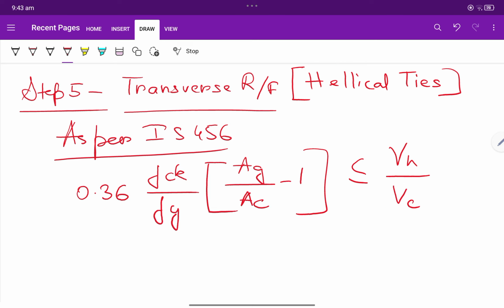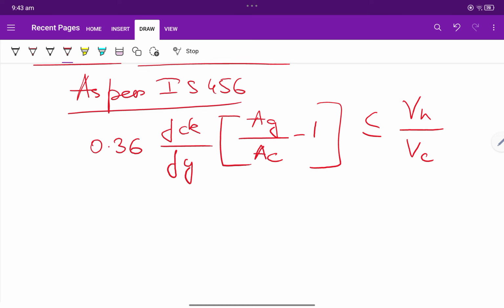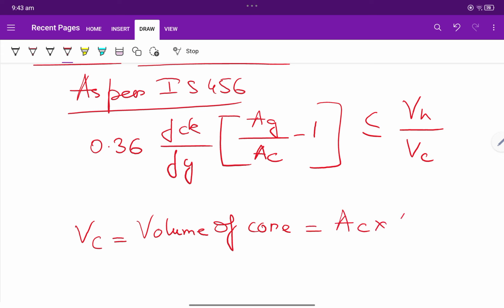So let's see what these are. Here Vc is equal to the volume of core, which can be found out by Ac into 1. The Ac is the area of the core.